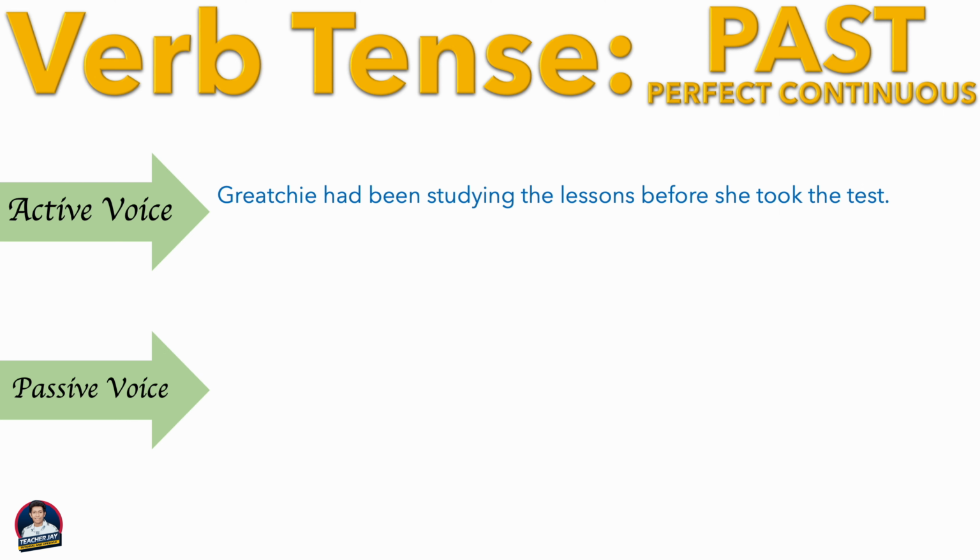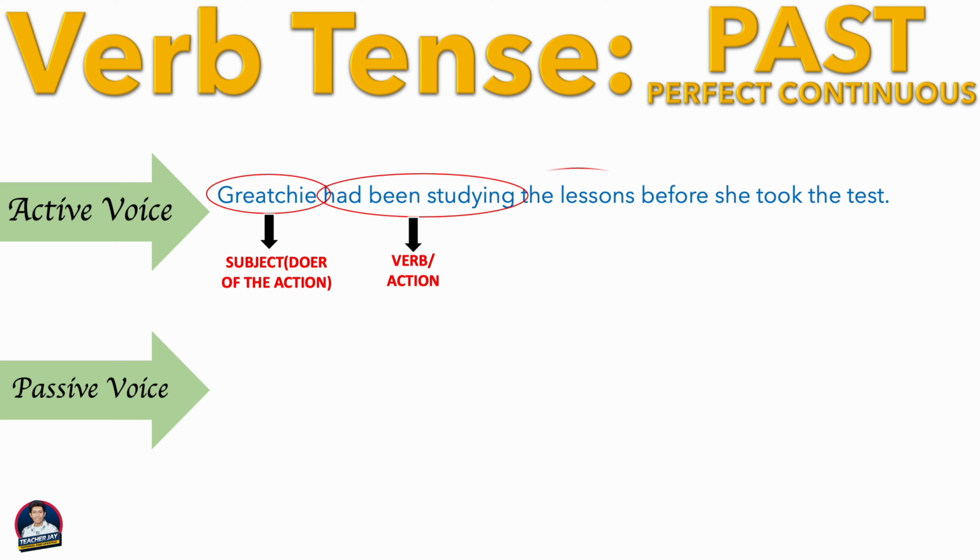In this example, we have Gretchen as our subject, who performs the action had been studying. And then we have here the lessons as our direct object, or the one that receives the action. Or it answers the question, what had Gretchen been studying? And the answer is, Gretchen had been studying the lessons before she took the test.